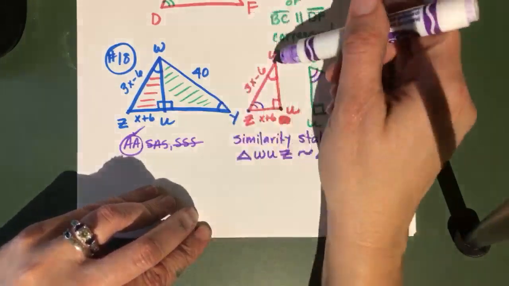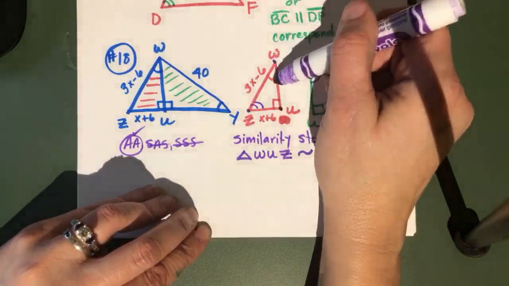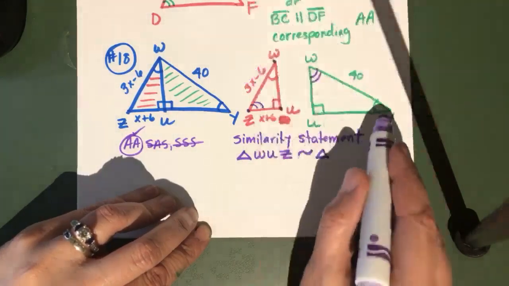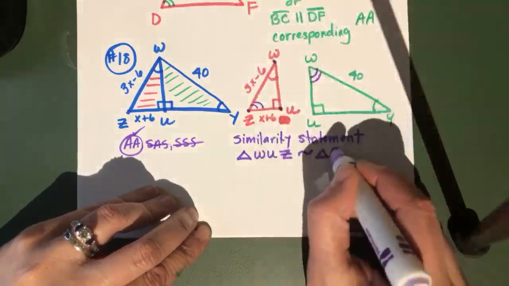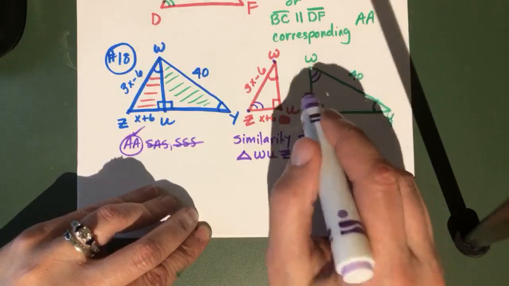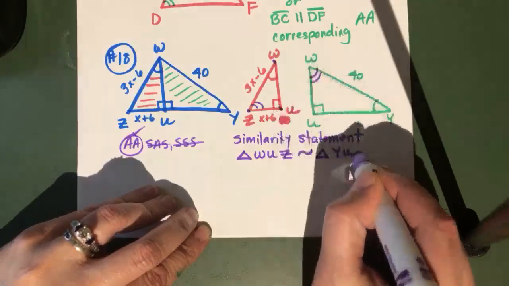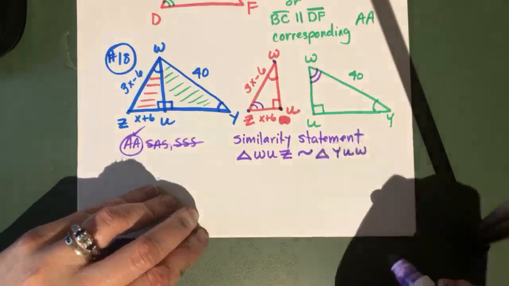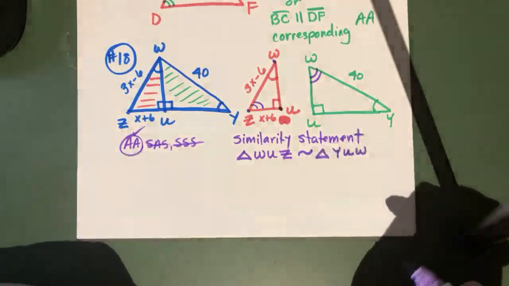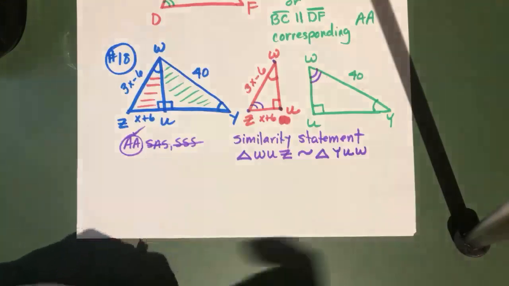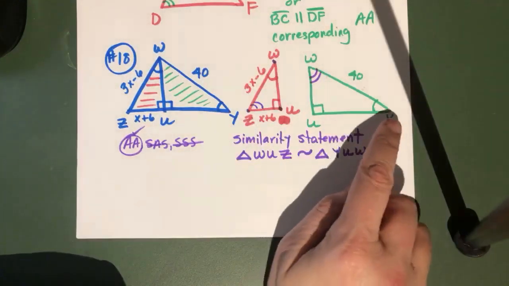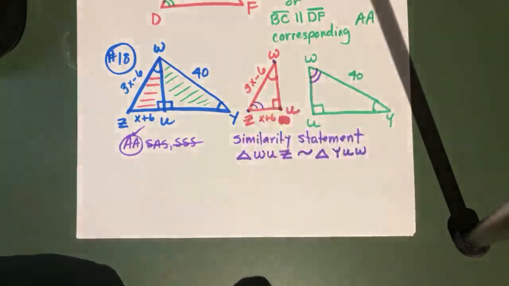Well, think about it. I went from one arc to the 90-degree angle to the two arcs. So I've got to match up. So I'm going to go from one arc, which is Y, okay, to the 90-degree angle, which is U, to the two arcs, which is W. So there is your similarity statement. Those are your similar triangles. WUZ is the same shape as YUW.